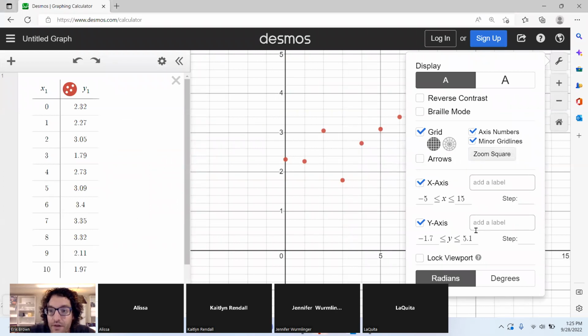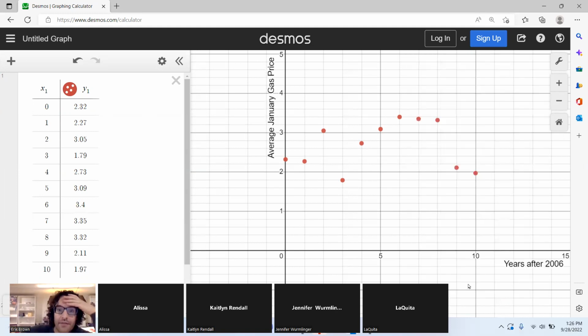There's a bunch of different stuff here you can mess with, but here's the x-axis, and we want to label this as years after 2006, and the y-axis is the average January gas price. And so now we have that verbal description of the two axes that helps us keep track of exactly what's going on here.